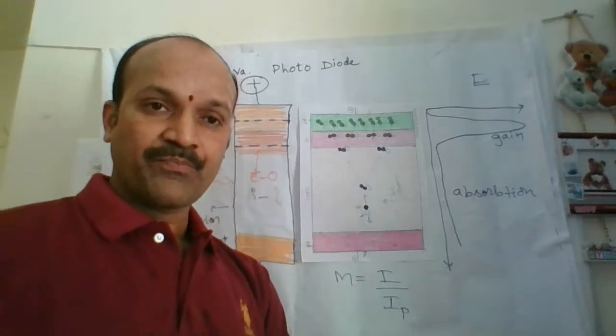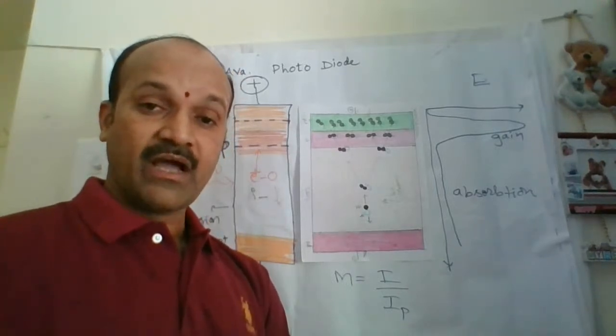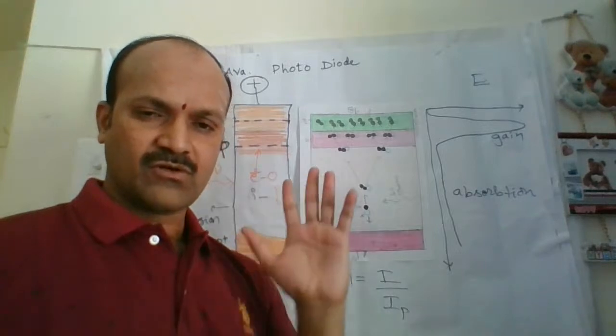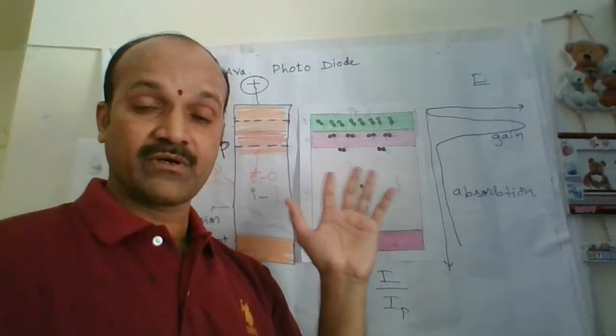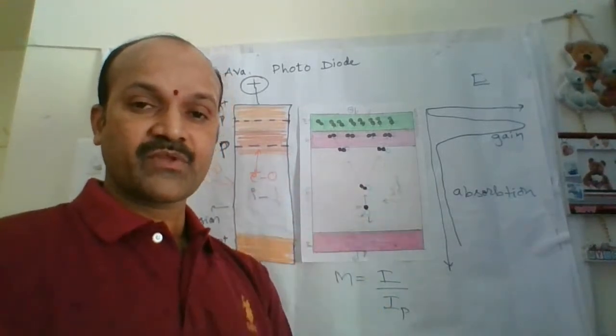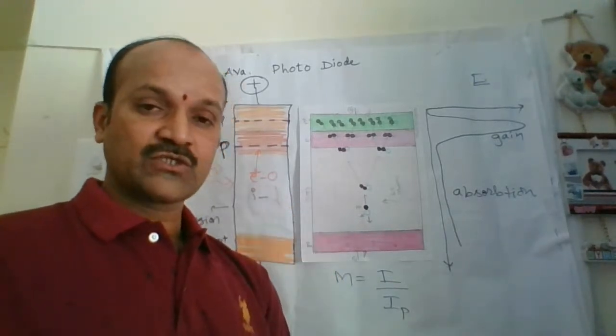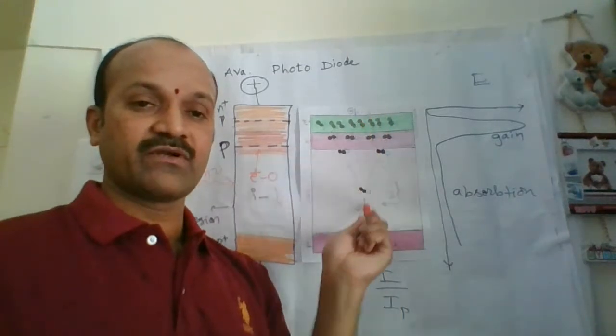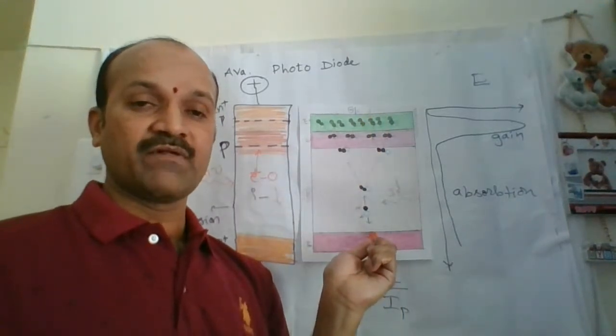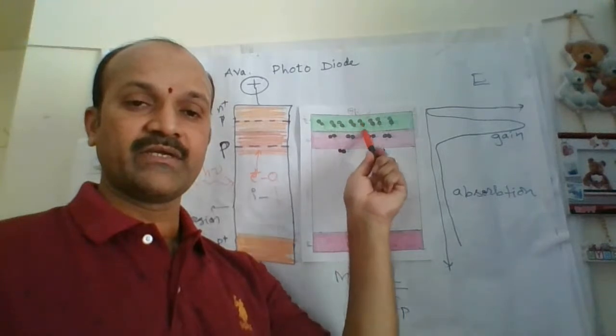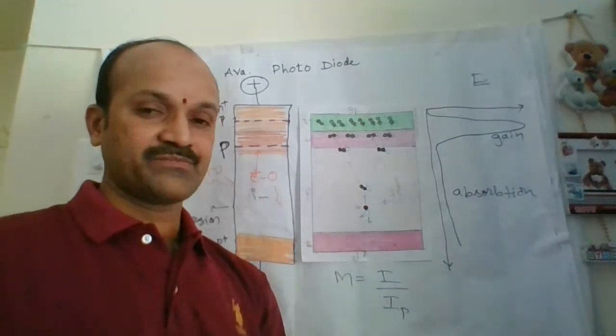Now coming to the PIN diode, the functioning and principle are almost the same, but there is a small variation. Instead of different variations in doping levels, we simply take a P region, an intrinsic region, and an N region.